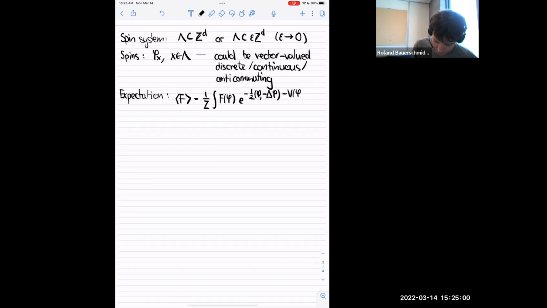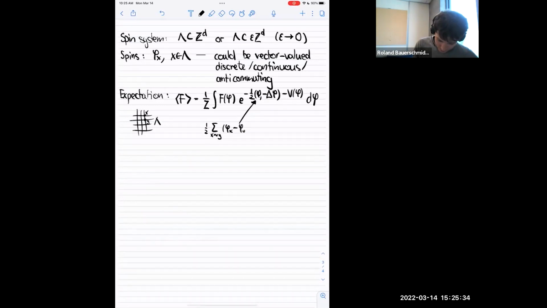And I'll write this like this, where the first term you can think of as, in this case, a discretized Dirichlet energy, where I'm summing over neighboring sites in the lattice. So Lambda is some kind of lattice, and we're summing x tilde y, meaning we're summing over neighboring sites x and y.